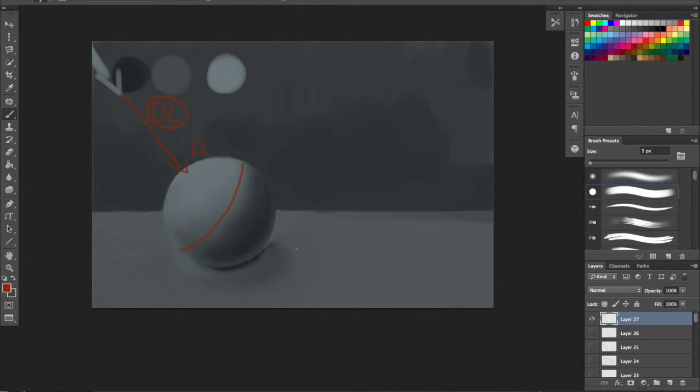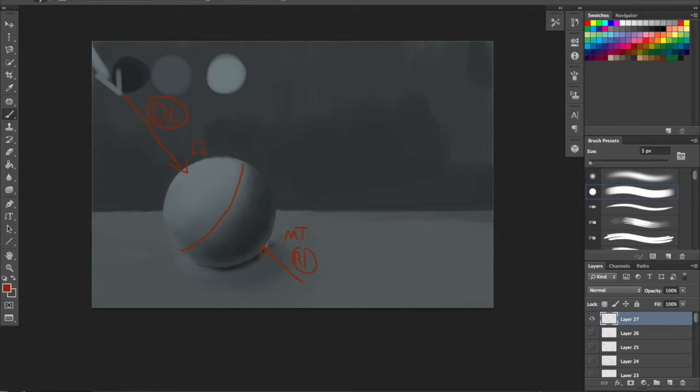Next, we have our midtones. And our midtones are generally going to be indicated by reflected light. And today, our reflected light is coming off of this plane onto our sphere. And we can see the reflected light right on the edge of this sphere. I'm going to put RL for reflected light. And then I'm going to put MT for midtone.